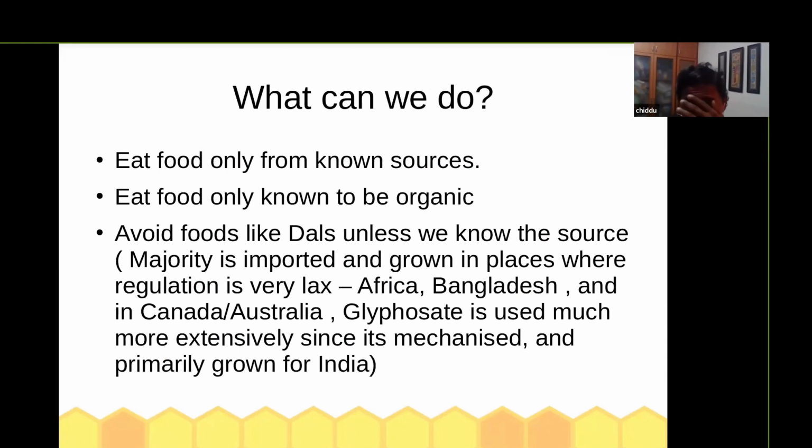One thing I would like to tell right now is that in India, what people don't understand is that a lot of the dals, especially Bengal gram, are not actually grown in India. It's imported from places like Africa, Bangladesh, Australia, and Canada. Countries like Australia grow it just for the Indian market, because they can use chemicals and grow it at a large scale.